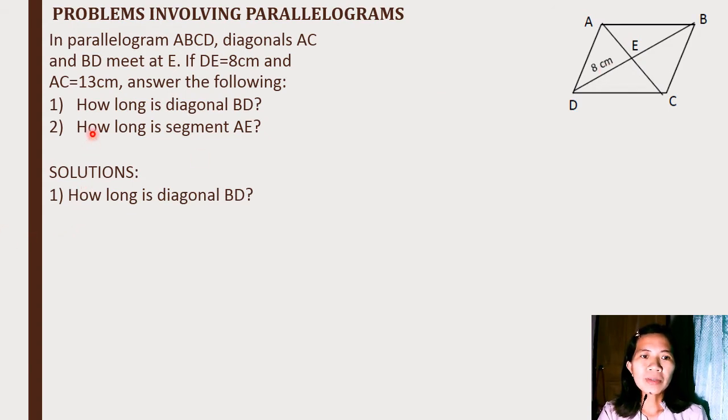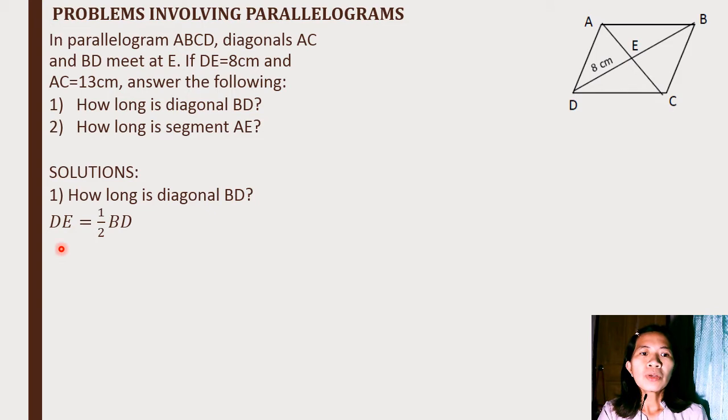So let's answer the first question. How long is diagonal BD? Remember the property that diagonals of a parallelogram bisect each other. It means the diagonal will be divided into two equal measures if they bisect.